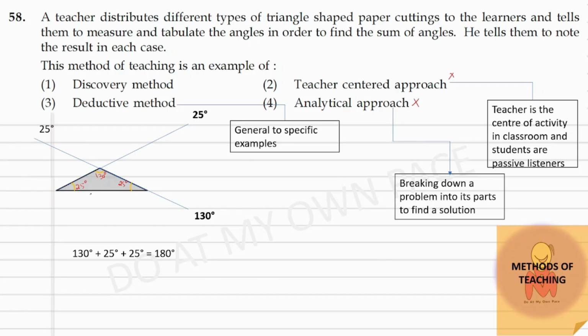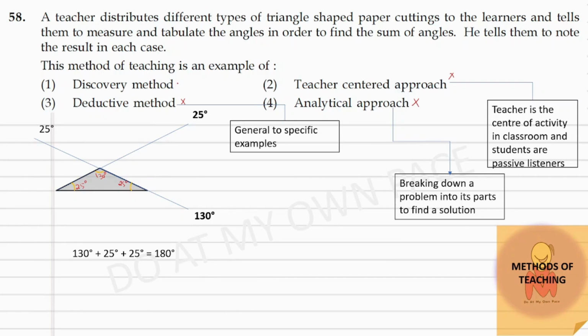But here the teacher has given them the triangle, they are first finding the angles, then summing them, then they are giving a general statement like the sum of the angles is 180 degree. So here it is not a deductive method. Instead of deductive, if they had given you inductive method, then it would be correct. Examples to general, then this would have been the correct answer.